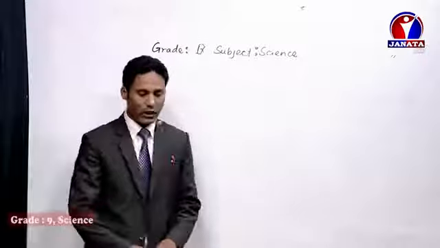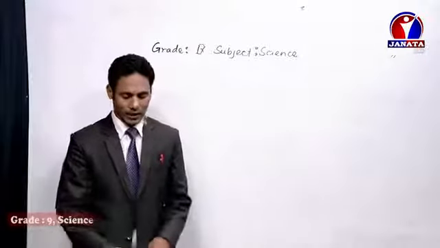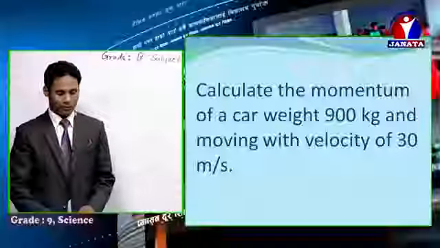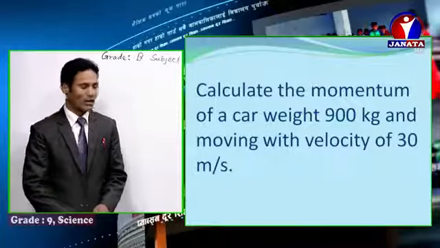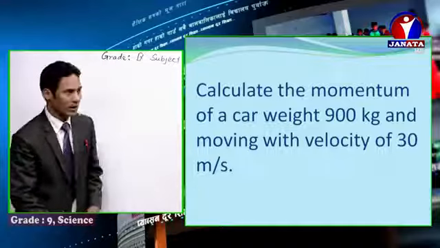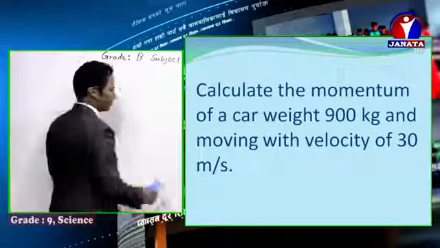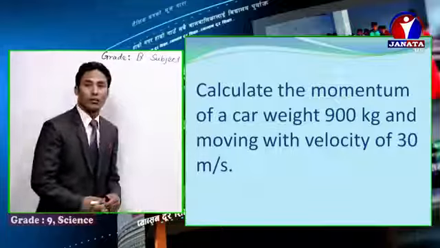Let's see. The question is like this: calculate the momentum of a car with 900 kg moving with the velocity of 30 meter per second. You can see this question on the screen also. So let's calculate the momentum.